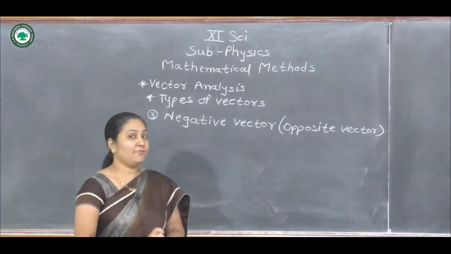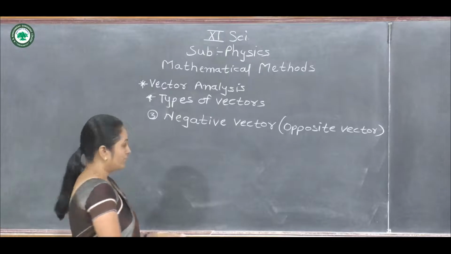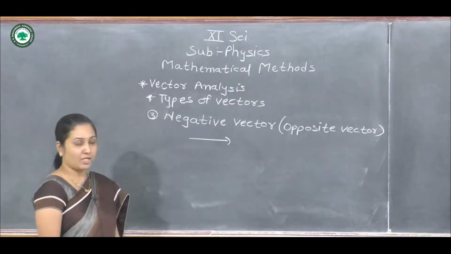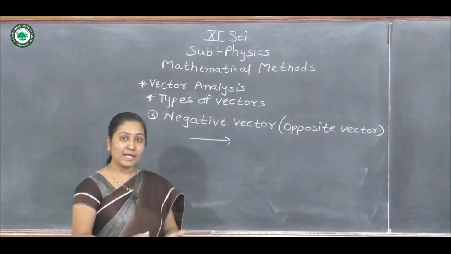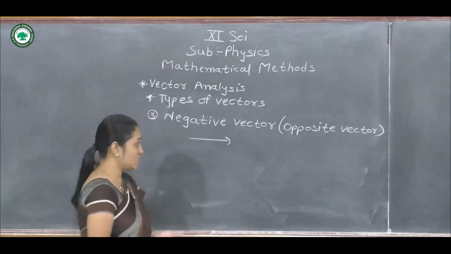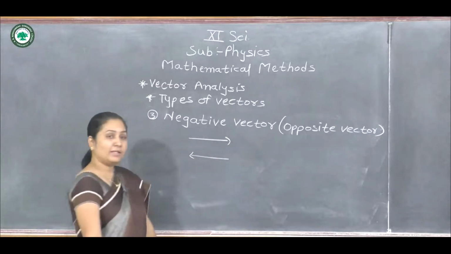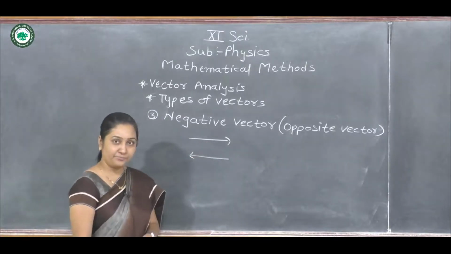Negative vector means this is one vector which is moving in this direction. Then we have another vector which is moving in the opposite direction of the first vector.